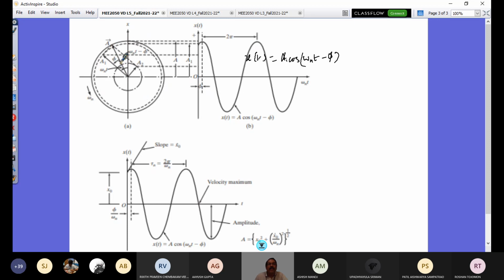And then you see there is a phase angle phi. If I add, I'll get A1 from this. So this angle included by A and A1 is this. And you have A1, A2. The constants A1, A2 are nothing but the components of this vector A. That's what we are writing A1 as A cos phi and A2 as A sin phi, and we have used it. That is how we have got this form.